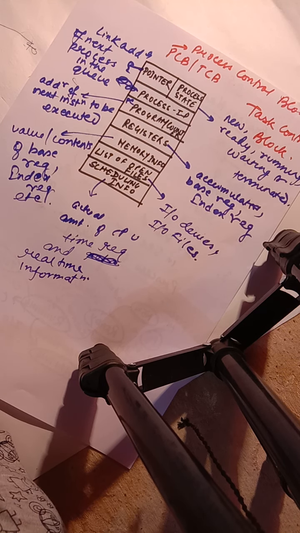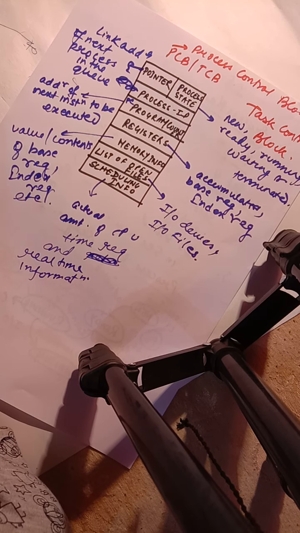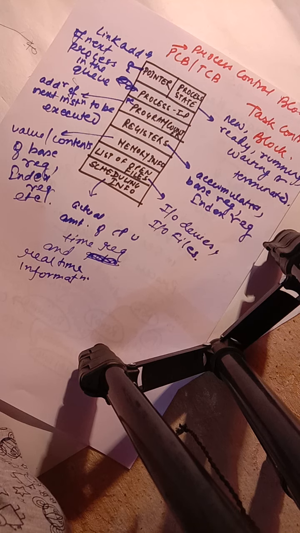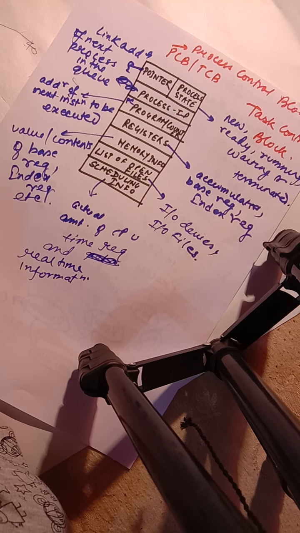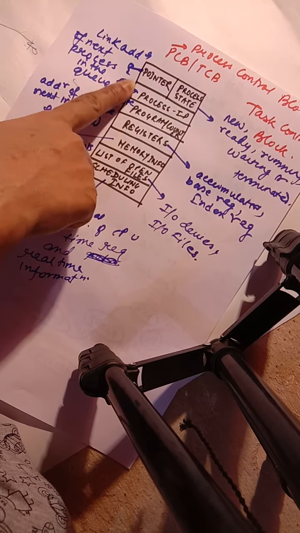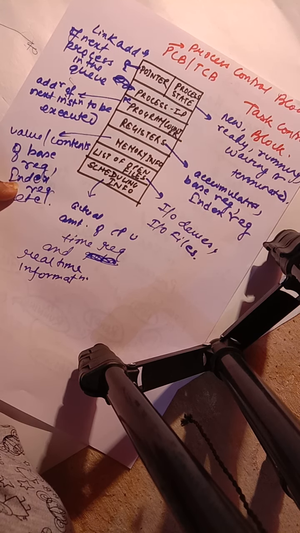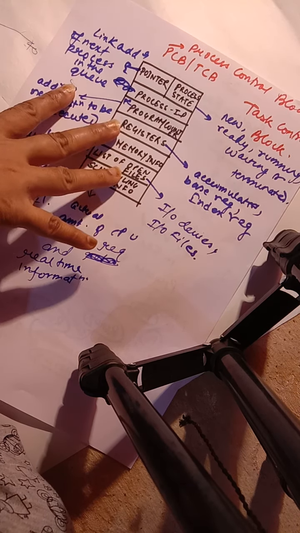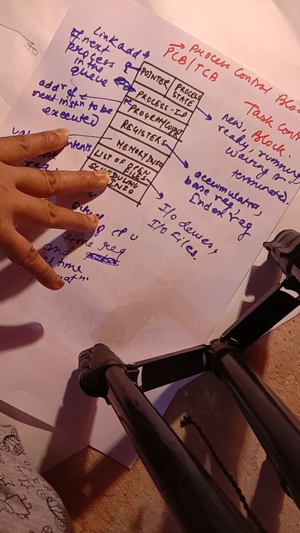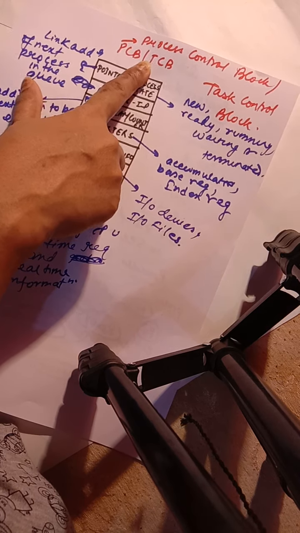We have seen in the state diagram, when the process is getting interrupted, up to the place where the process is interrupted, its state or its information needs to be saved, and all this information is saved in the PCB, which contains all the parameters with the information about this process. Okay, this is a very important topic in your operating system, that is PCB or task control block.